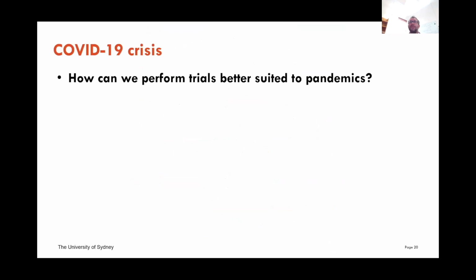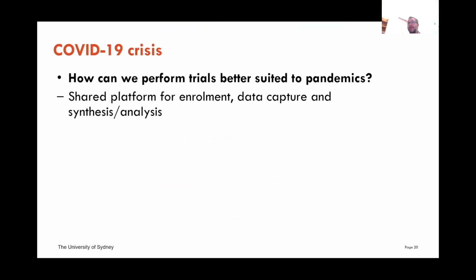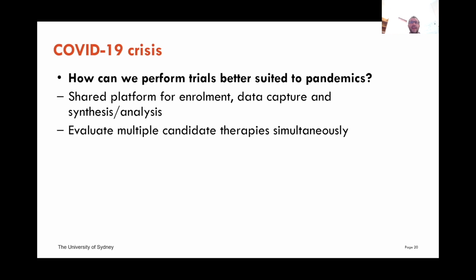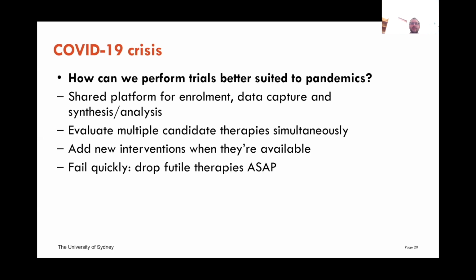So how can we perform trials better suited to pandemics? Firstly, we need to have shared platforms for enrolling and capturing data and for a synthesis and analysis of data. We need to be able to evaluate multiple candidate therapies simultaneously, not in a piecemeal way. We need to be able to add interventions when they're available and evaluate them as quickly as possible.